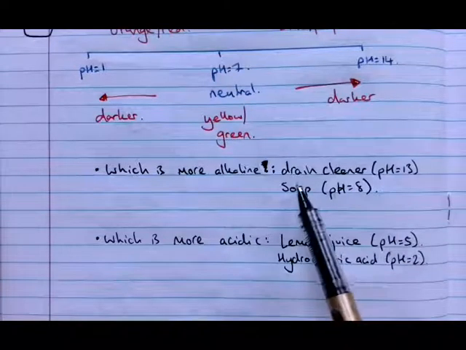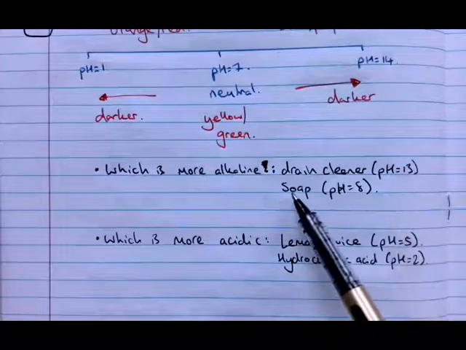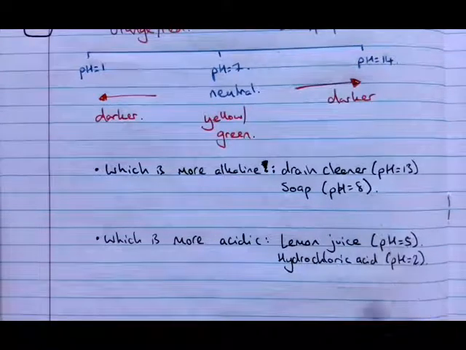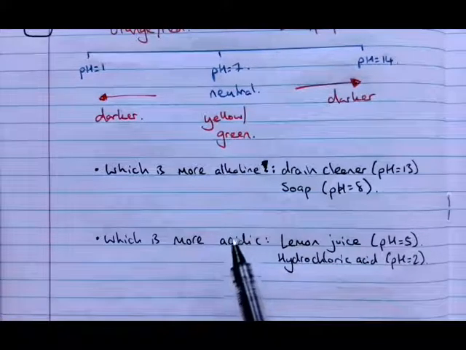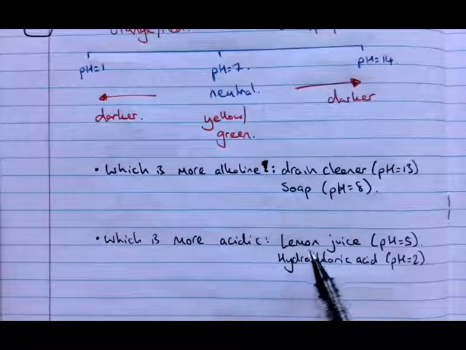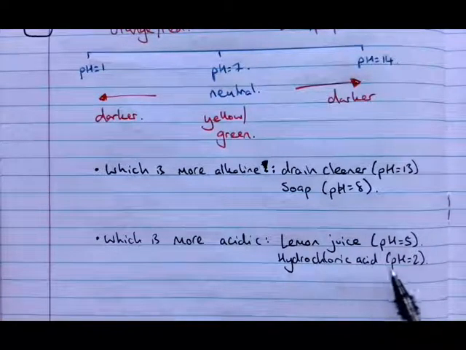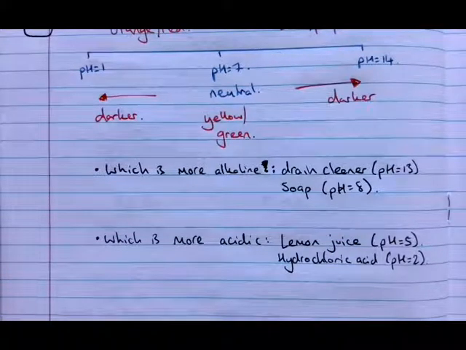So I've given you a choice between drain cleaner, which has a pH of 13, and soap, which has a pH of 8. So which one is more alkaline? And second question, which one is more acidic? So these are both going to have pHs of less than 7. Lemon juice, which is a pH of 5, or hydrochloric acid, which has a pH of 2. So you need to pause the video now and make a decision on which one's which.